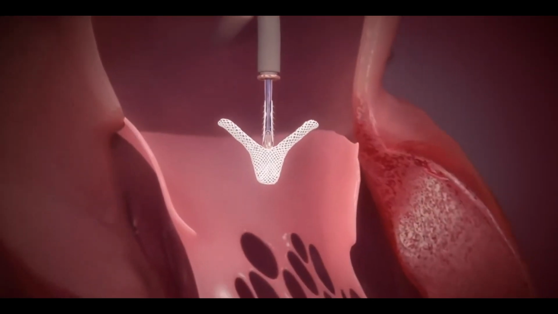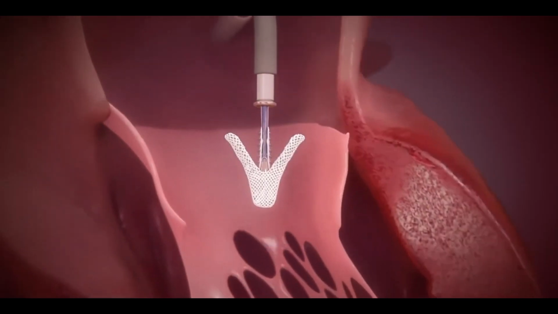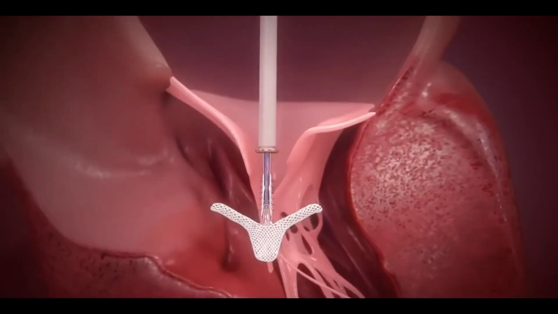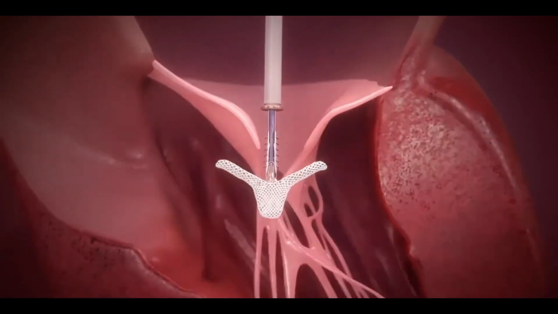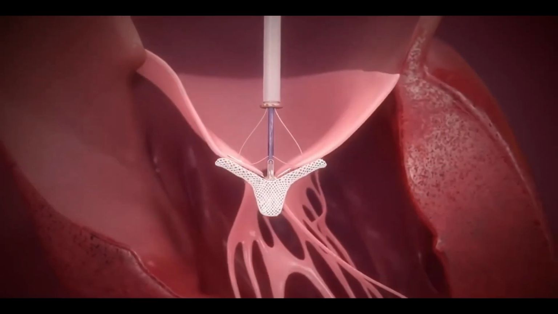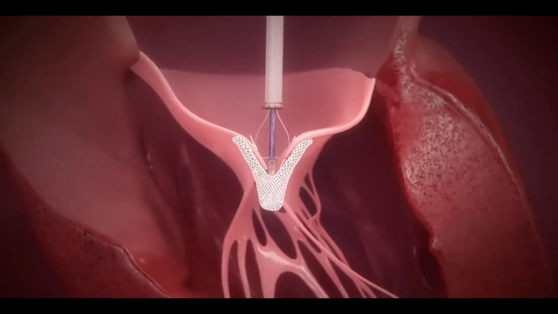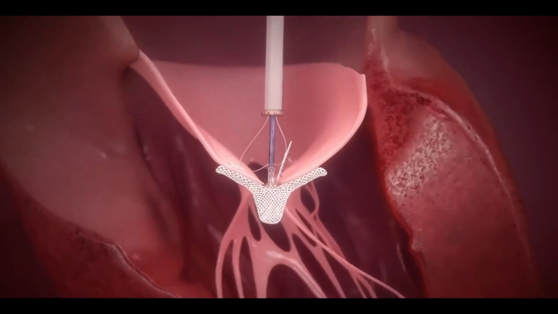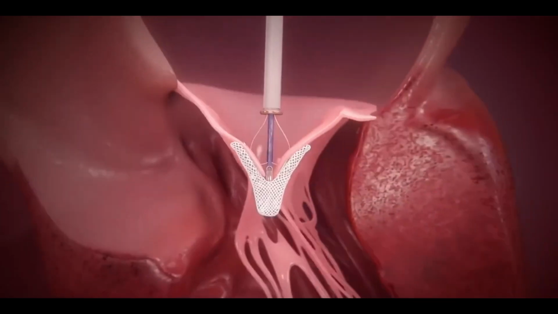You check your device, then you close it again, go into the LV, then open it again, and make sure it does not entangle with your subvalvular apparatus. Then you clip both the leaflets into the device and you close it.